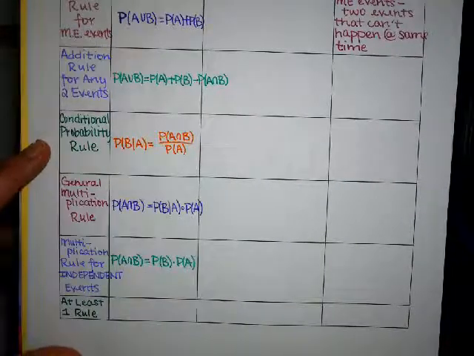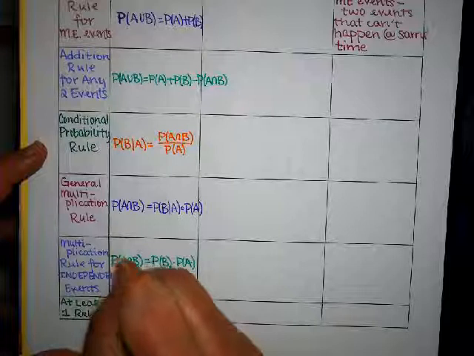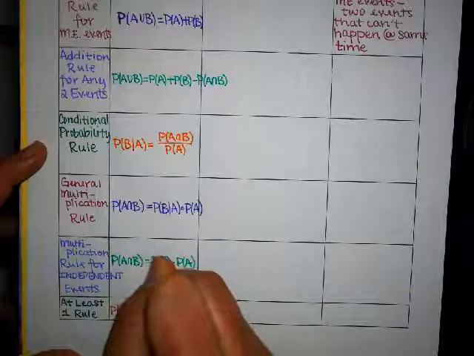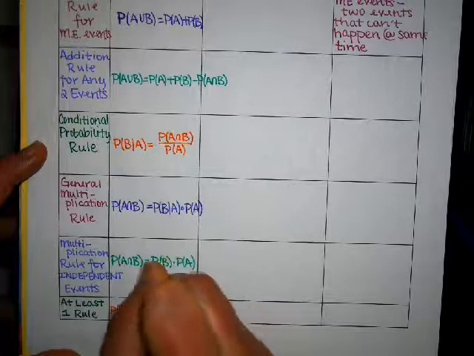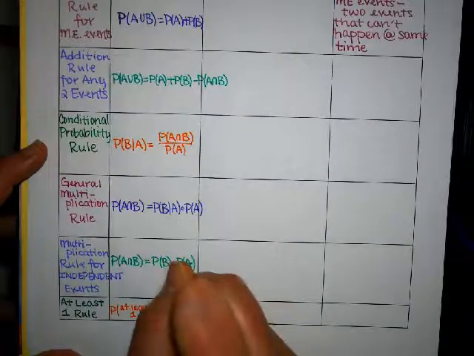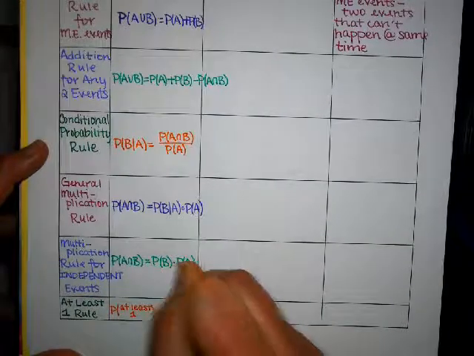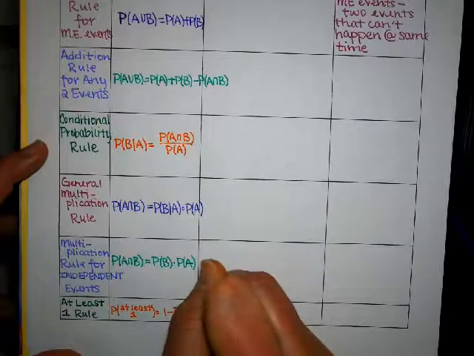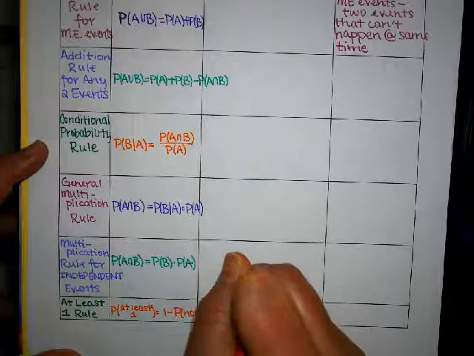So to find the probability that at least one happens, whatever you're looking at, you would take 1 minus the probability that none of it happens and raise it to your sample size.